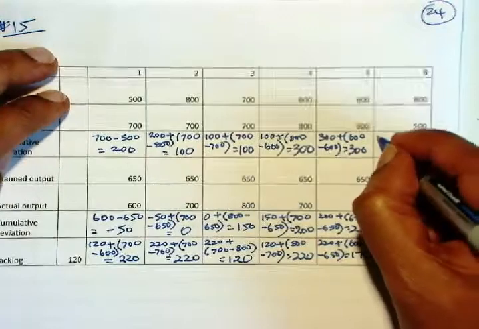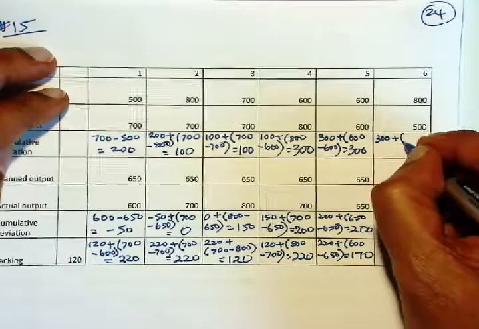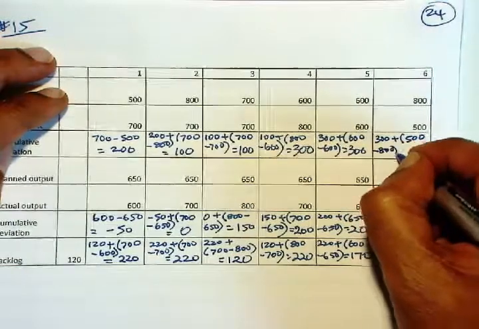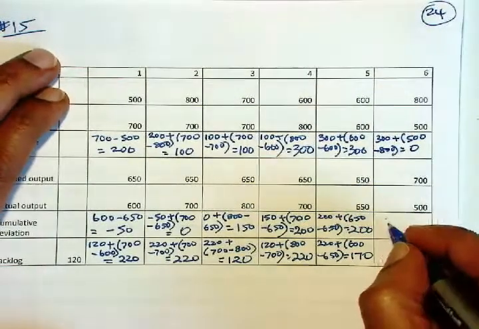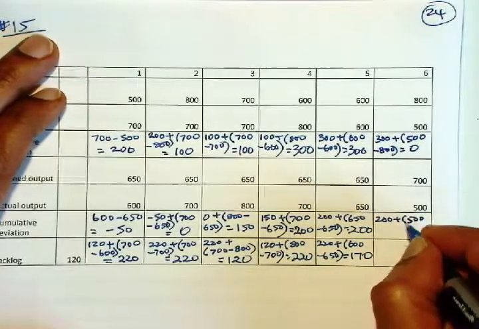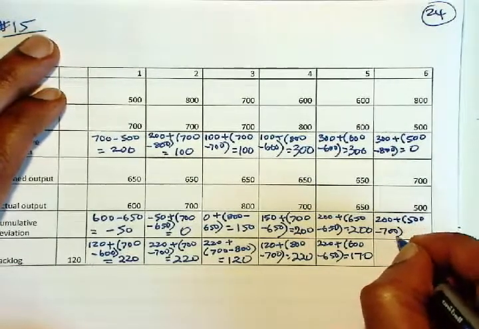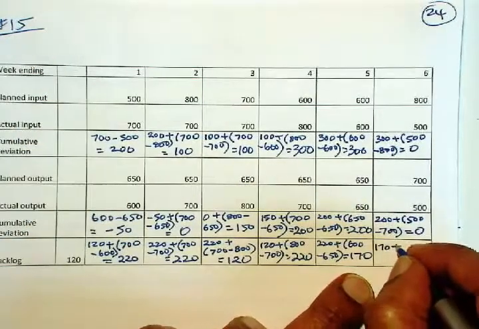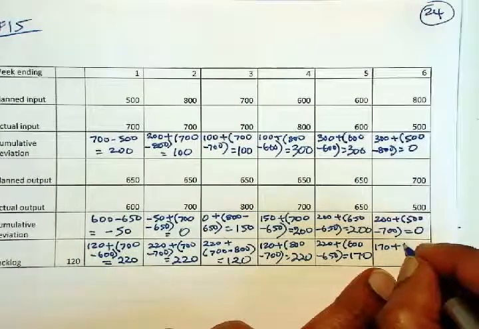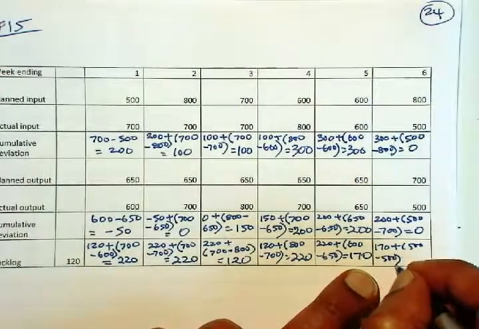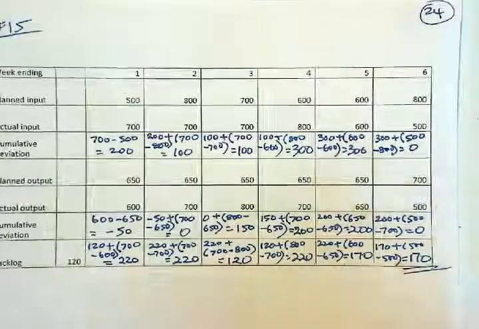Here it is 300 plus 500 minus 800 make it 0. So 200 plus 500 minus 700 will make it 0. 170 plus 500 minus 500 will give you 170.